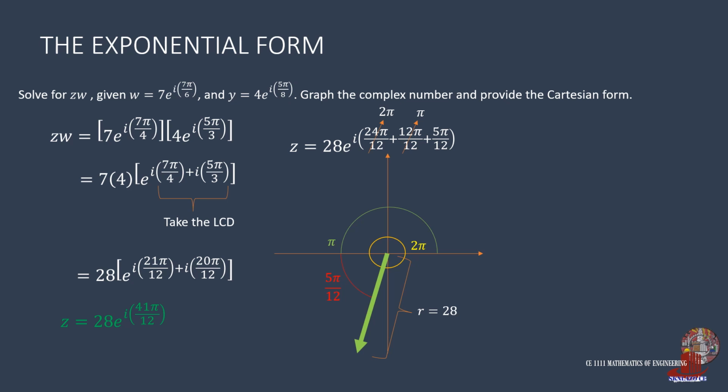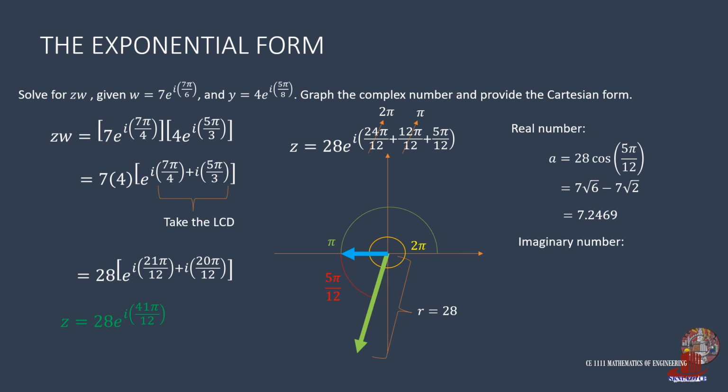With the vector already located, take the x component, which is actually the real number, from 28 cosine of 5 pi over 12, which gives 7 root of 6 minus 7 root of 2. In decimals, the real number is 7.2469.